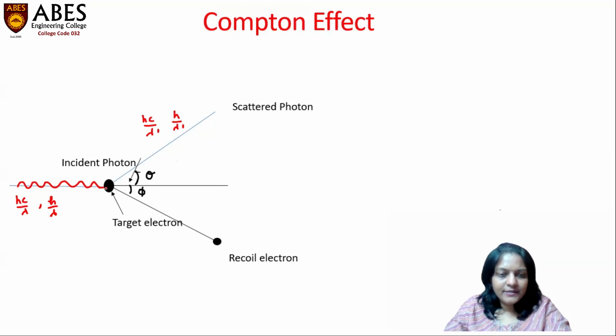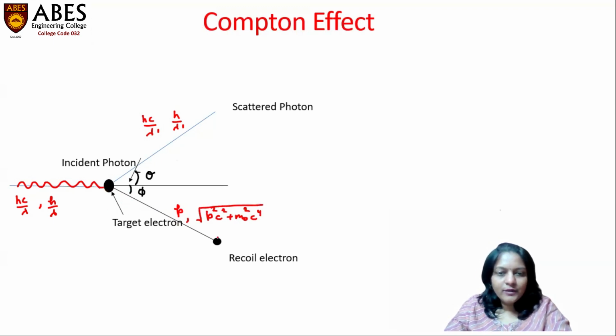Some part of its energy is given up to the electron, and the electron, by getting the energy from the photon, has a momentum p and the energy square root of p square c square plus m naught square c4.